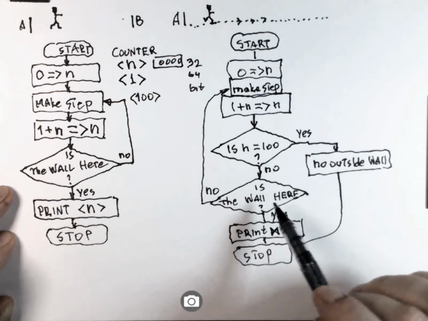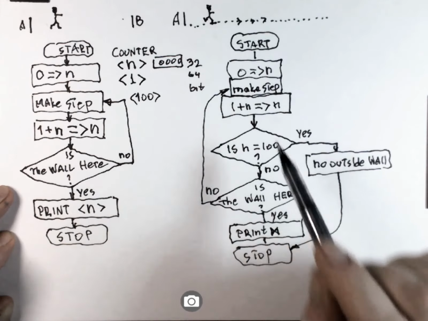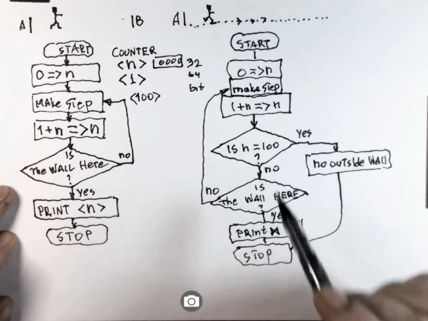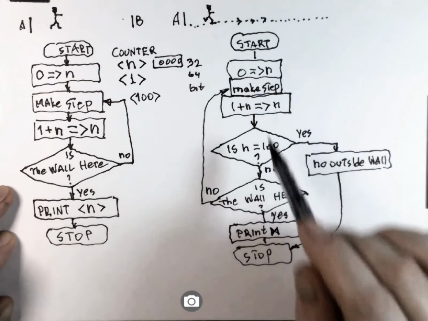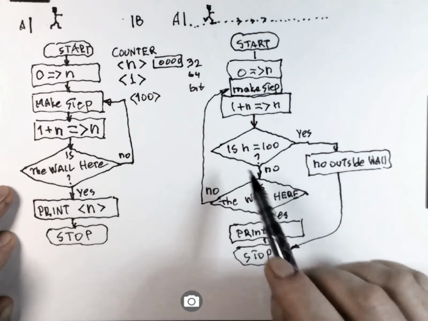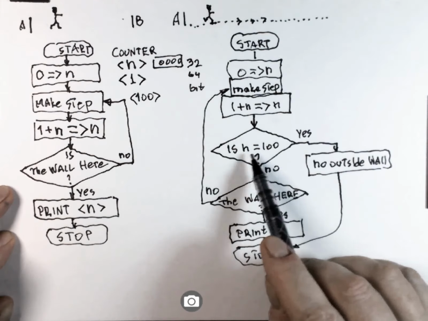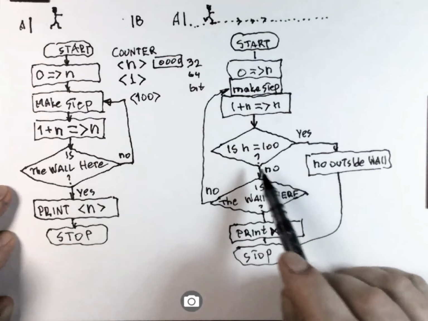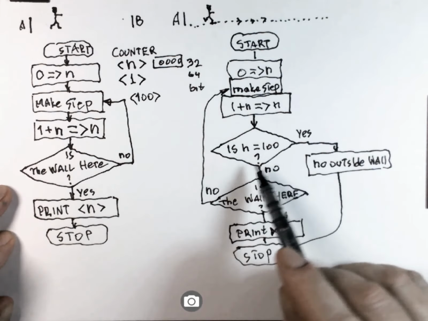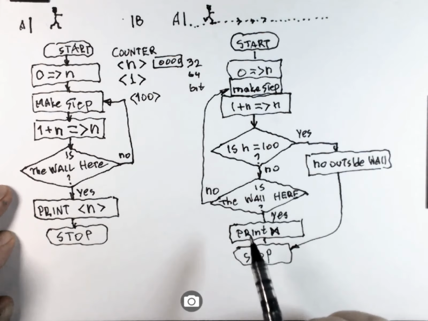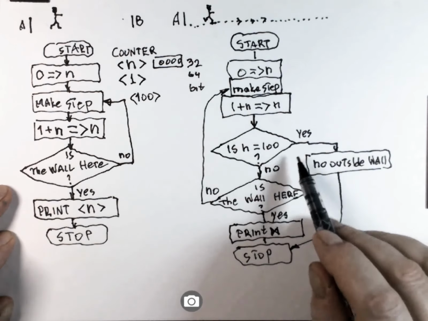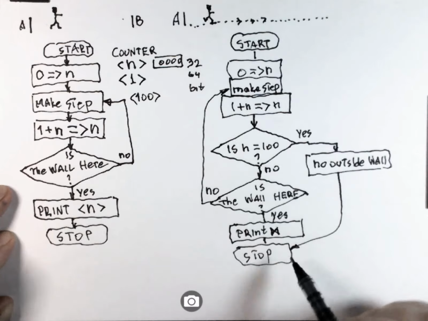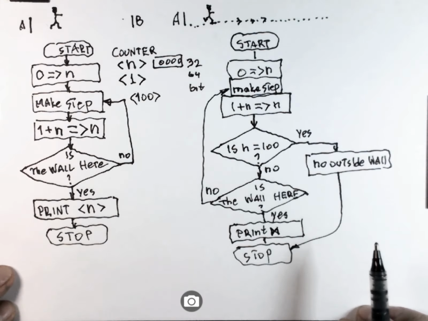One of them is when we are inside of the room and the limitation of the steps is not exceeded, so we can go cyclically, but every step done we need to check if n is equal 100, meaning we have exceeded the number of steps or we are still inside. If we exceed it, yes, we put no outside wall and then stop. So this is how this algorithm works.